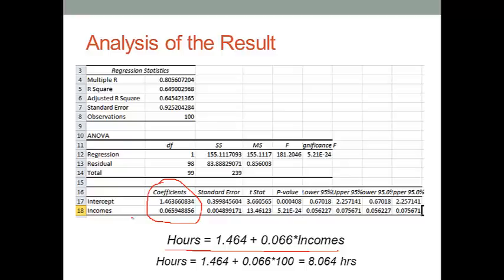Very good. According to this mathematical equation, in the future, if we don't know how long the user will use the mobile app, as long as we ask her how much she can make every year, we plug in the number to replace incomes in this equation, then we will predict how long the user would use the mobile app, right? Suppose the user can make $100,000 a year. We plug in 100 into this equation, then we can predict she will use the mobile app for about 8.06 hours.